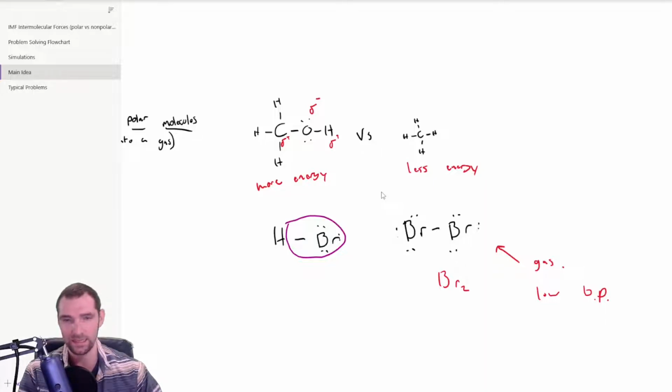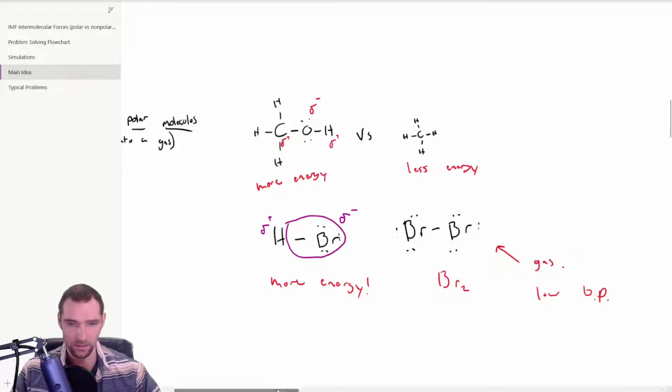If we take that compound, I think it's an acid, and I think it's a solid at room temperature if you don't dissolve it. So this needs a fair amount of energy, because it's polar. In this case, we've got the negative and positive charge unevenly distributed in that compound.